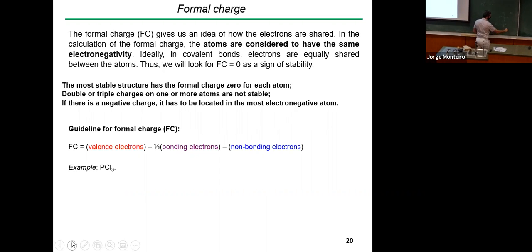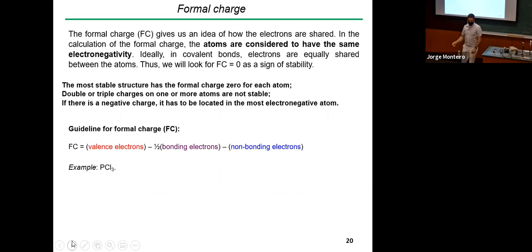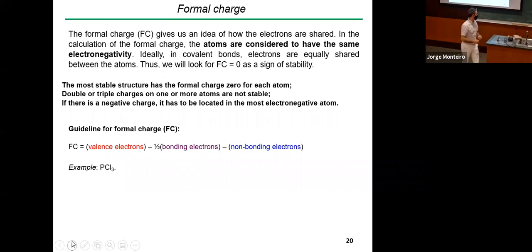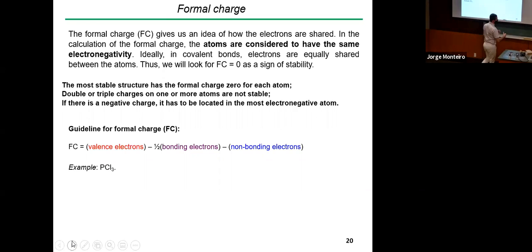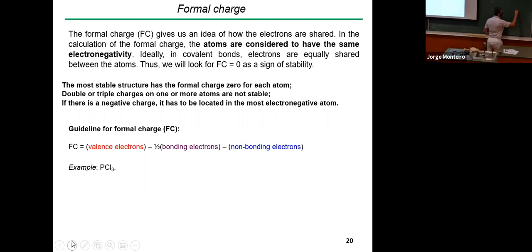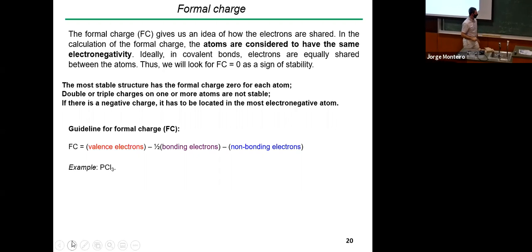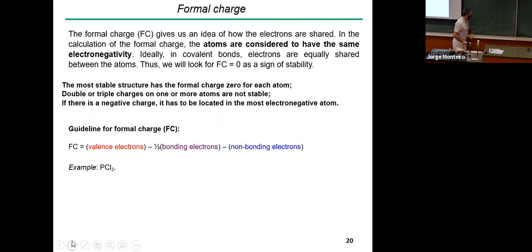So that's going to yield a formal charge equal to 0. Okay. So that extra double bond increased the formal charge for oxygen and moved to 0. So that's a positive development. Let's take a look at the sulfur.